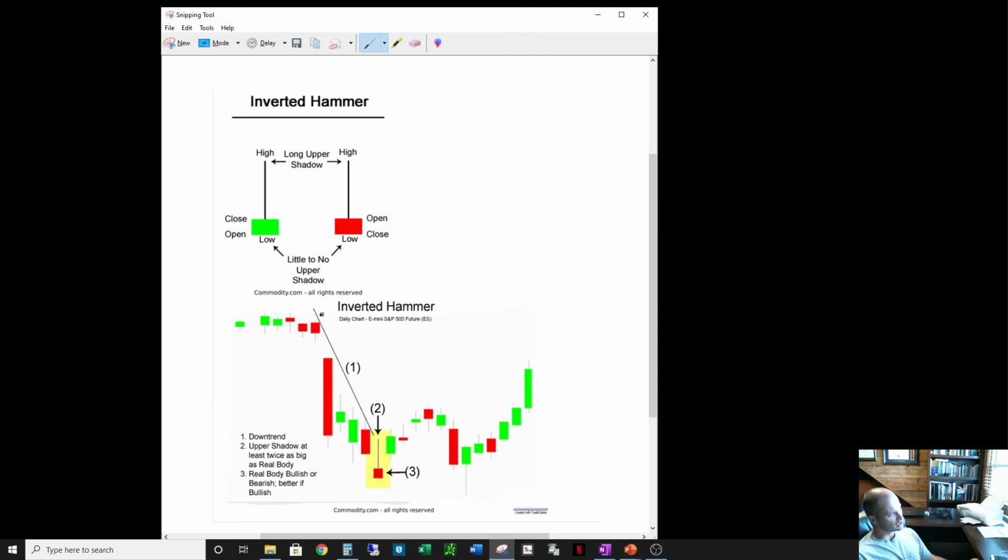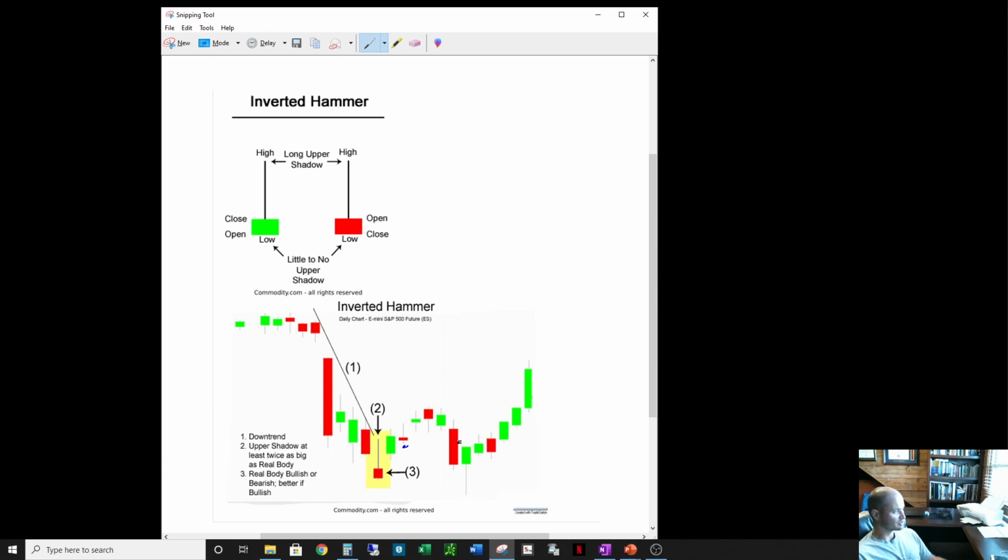As you see here, you have your downward trend, you have your inverted hammer, and you have a confirmation on the next day. Now, you see this candle right here? That's not really a bullish candle at all. That's an indecision candle.